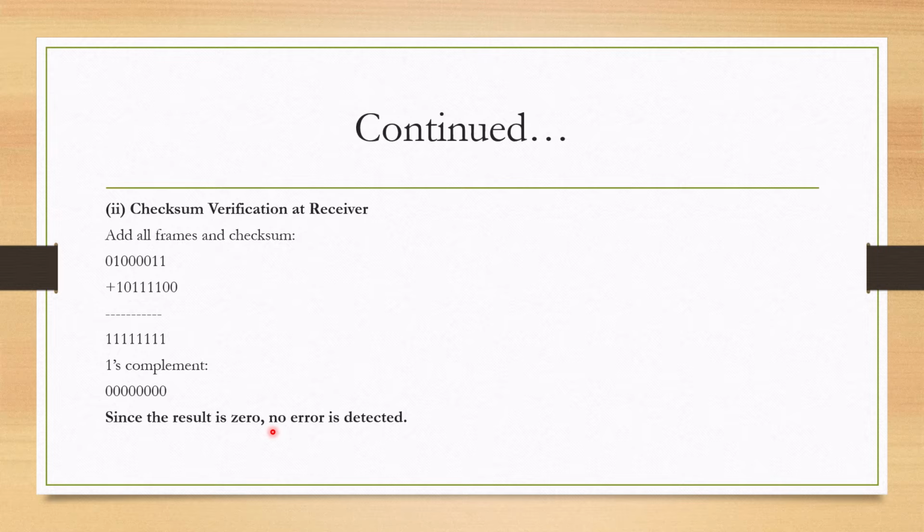We got the final value, took its ones complement, and got all zeros. Since the result is 0, no error is detected. In the verification we can write this step. That's all for this question of module 4.